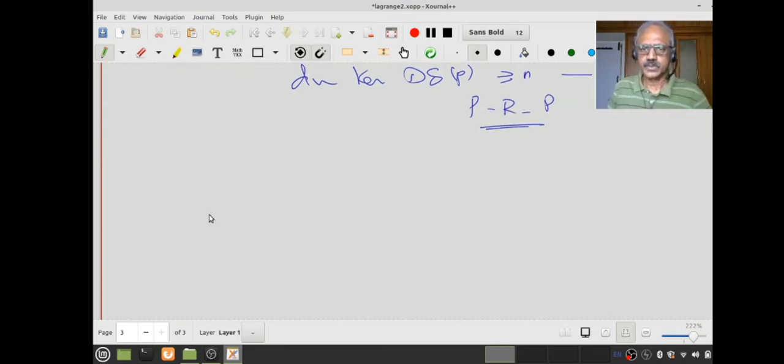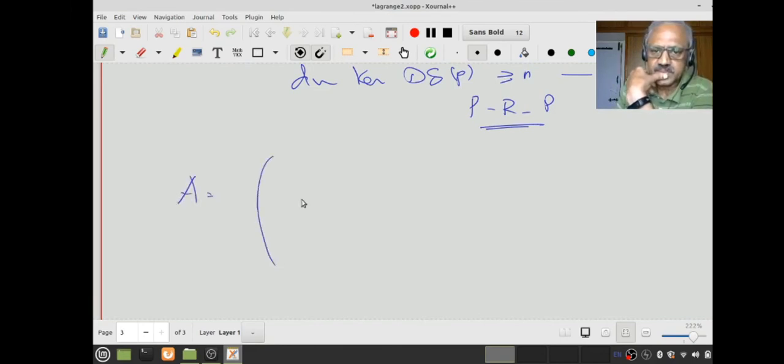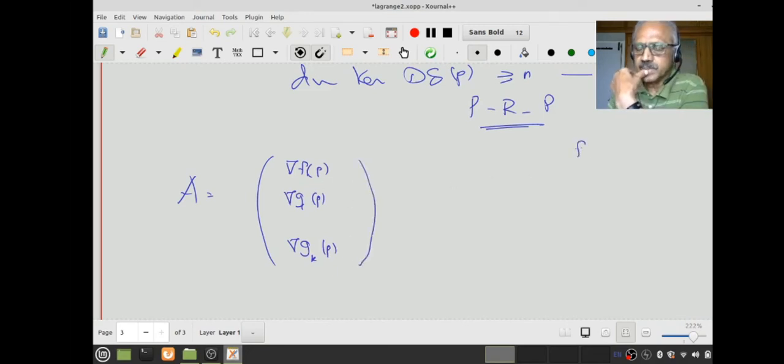Now what do I do? Now let's look at the matrix A, which has rows gradient of f at p, gradient of g1 at p, up to gradient of gk at p. Now remember, f is from where to where?